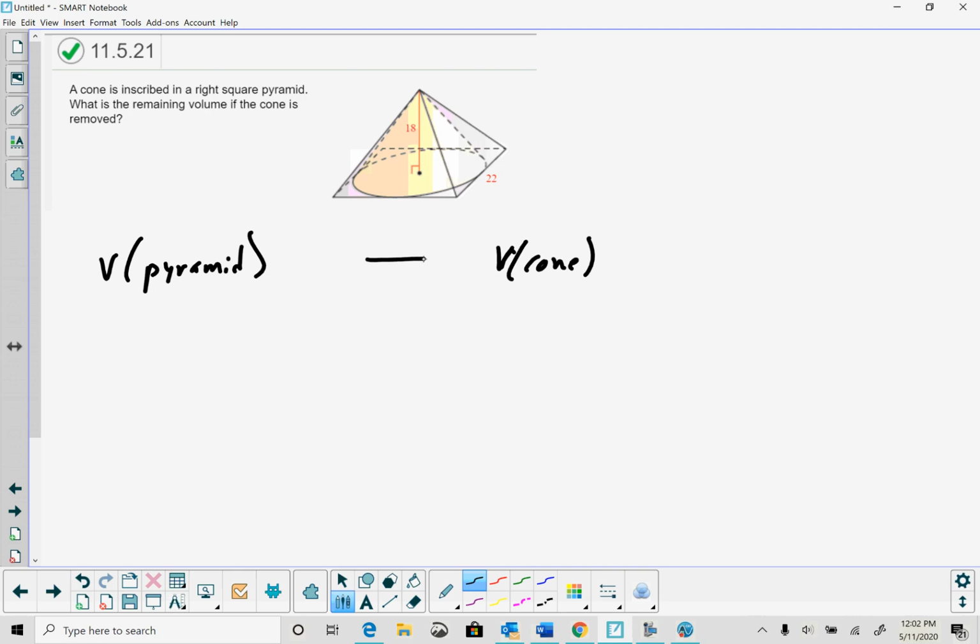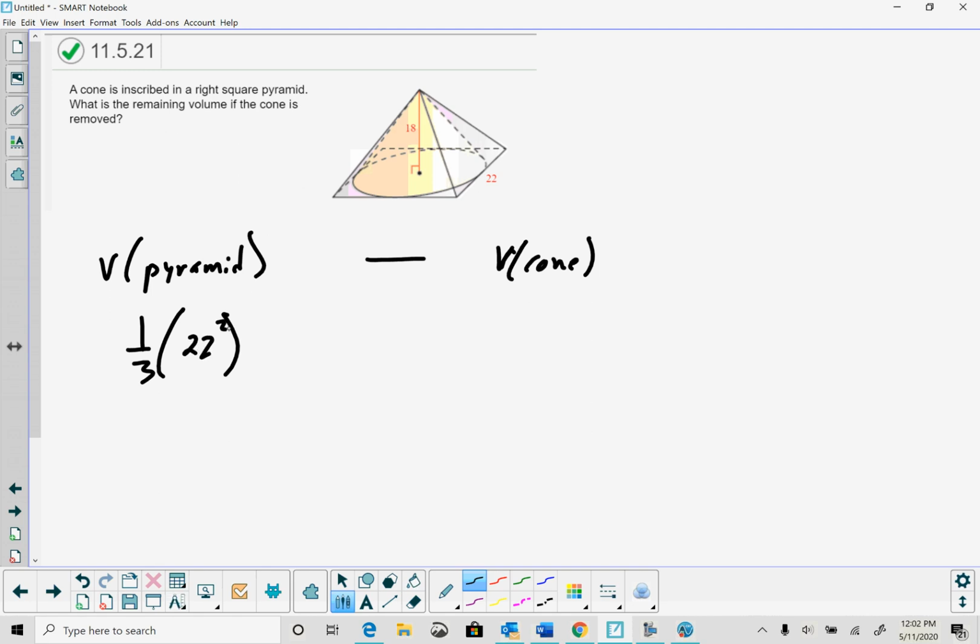Okay, so for volume of a pyramid, we have our lovely formula where we need to take 1/3 times area of the base. Well, in this case, they tell us it's a square base for our pyramid. The markings here look like it's 22 on each side.